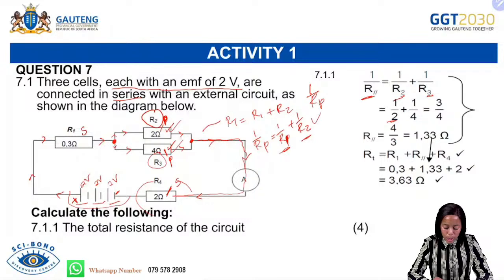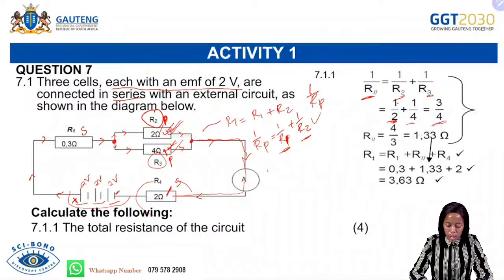So when we do that, we are going to have 1 over 2, substituted from the resistance in parallel, plus 1 over 4. And what are we getting as our answer? We can see that we are getting 3 over 4 there. Okay? So when you get your 3 over 4, how are you going to solve it?